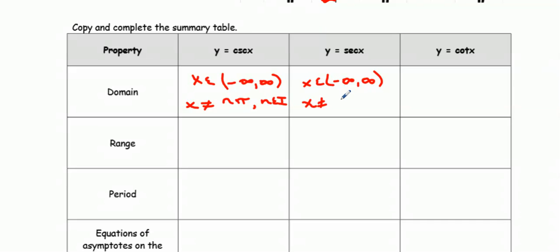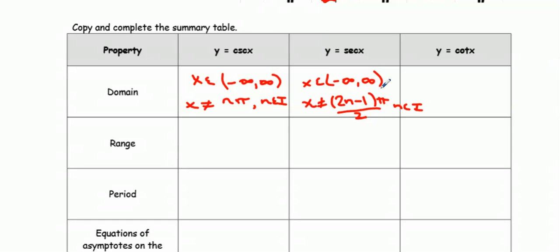Because the asymptotes for this one are going to be pi by 2, 3 pi by 2, 5 pi by 2, etc. So we've got this odd coefficient in front, the 1, 3, 5, and we generate that using the expression 2n minus 1. We're going to multiply that, that's our odd number generator, by pi, and it's all going to be divided by 2, where n is an element of I.